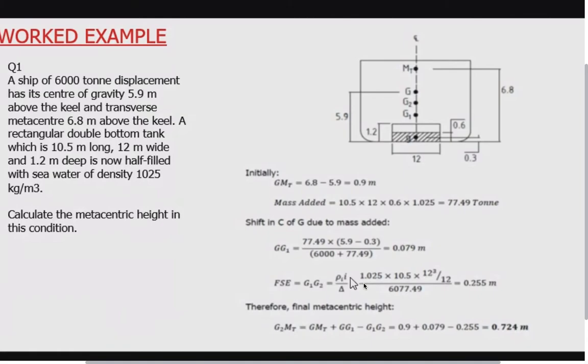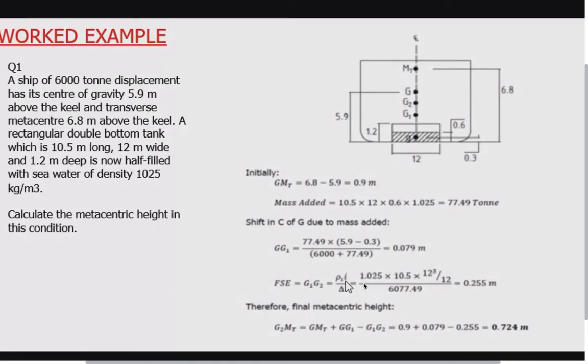So we have the density 1.025 times, and we also said that if it's box shaped, then we will have LB cubed all over 12. So the L, the length, being 10.5, times the 12, which is the breadth, the wideness, cubed all over 12, over the mass displacement.